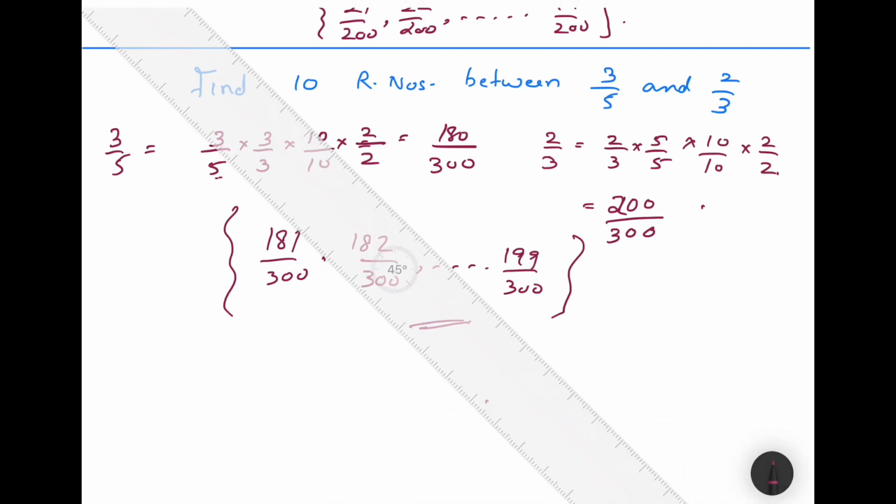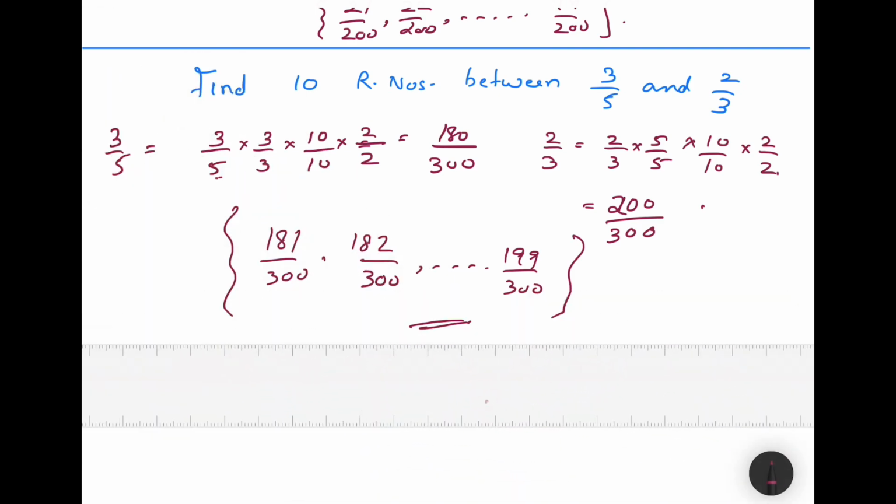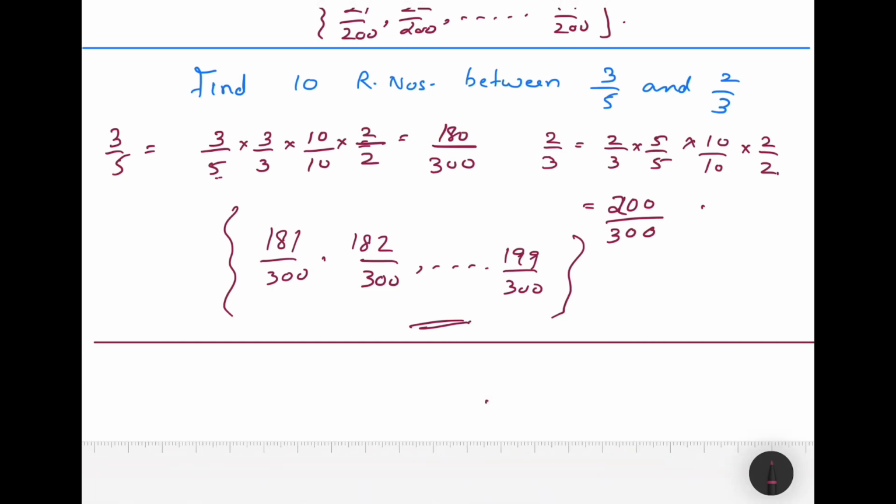Hope it's clear. Now we will convert the rational number to decimals and we will see whether they are terminating or recurring. So 1 by 2, in decimal form it is 0.5. 4 by 5 it is 0.8. 7 by 4 it is 1.75.